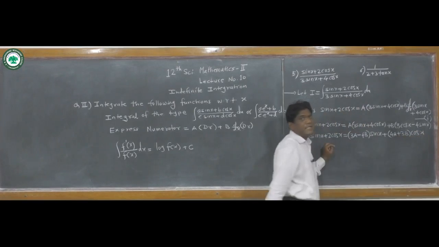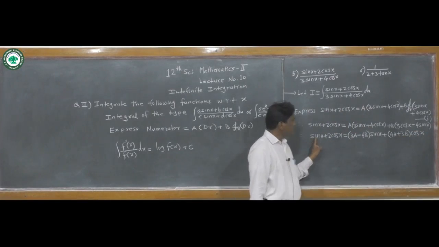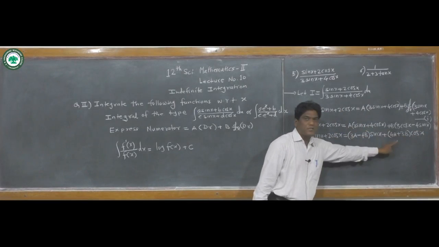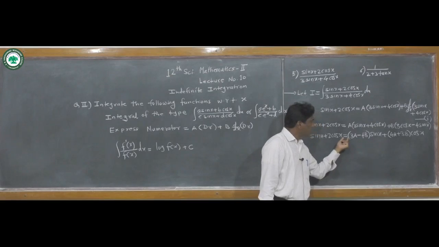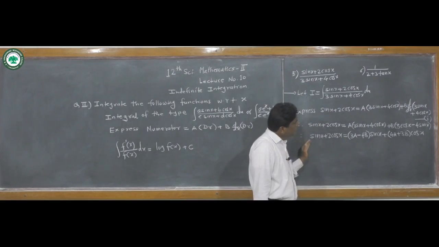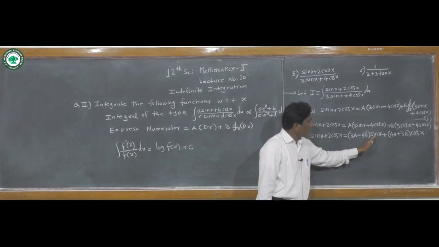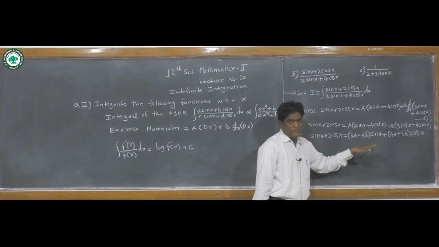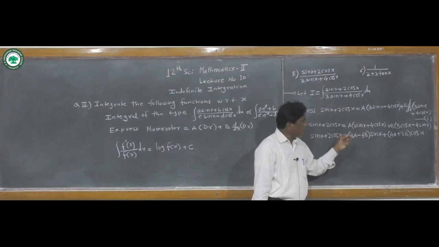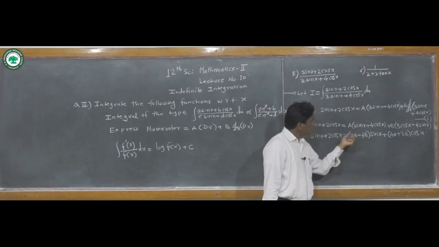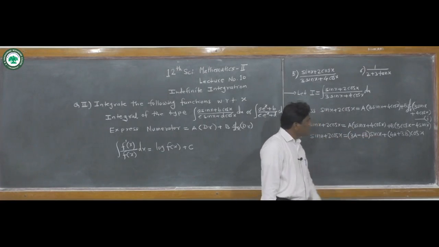Now see both the sides. On both sides we have sin x and cos x, and it is an equation. So we compare the terms of sin x and cos x. We equate the coefficient of sin x and coefficient of cos x.